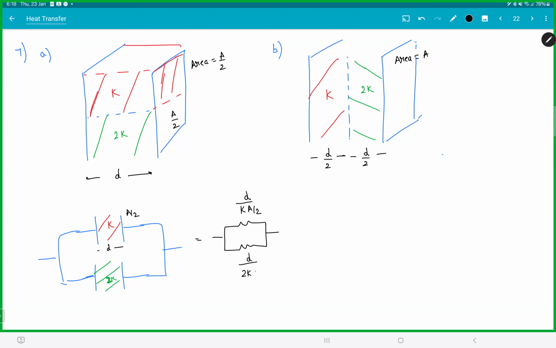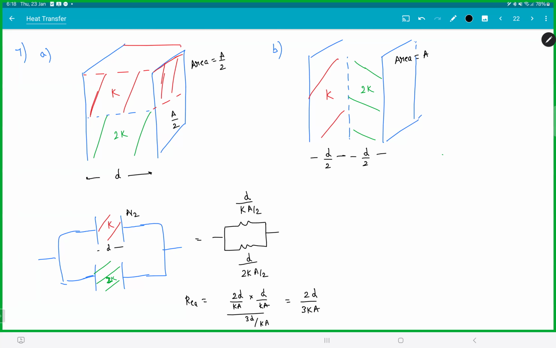D by 2K, area is A by 2. Both are in parallel. So R equivalent will be R1 R2 over R1 plus R2: 2D by KA into D by KA, over R1 plus R2, 3D by KA. D by KA goes off, 2D by 3KA. Make sense?